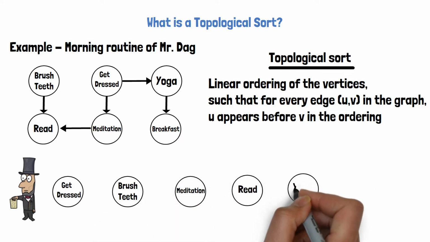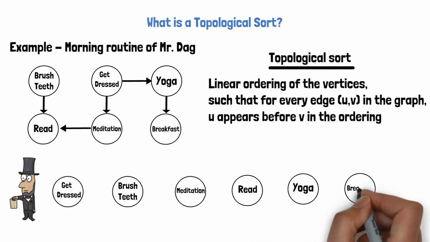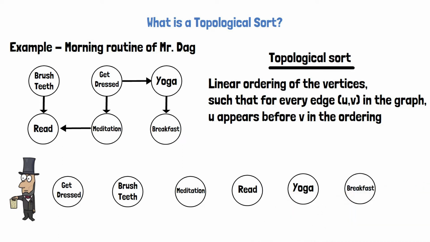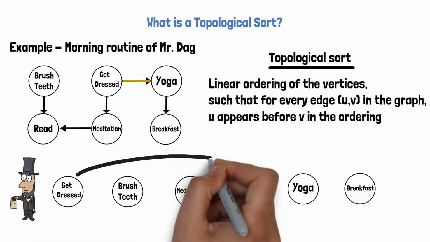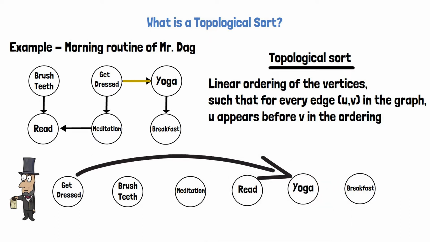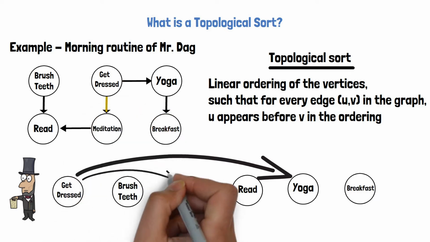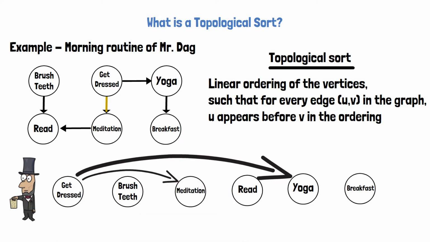Let's examine all edges in the graph and see that they meet the criteria of a topological sort. First, for the edge from get dressed to yoga, we see that get dressed appears before yoga in the ordering, so it meets the criteria. Second, for the edge from get dressed to meditation, we also see get dressed appears first in the order.